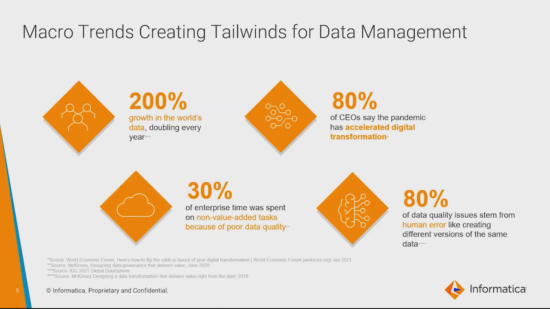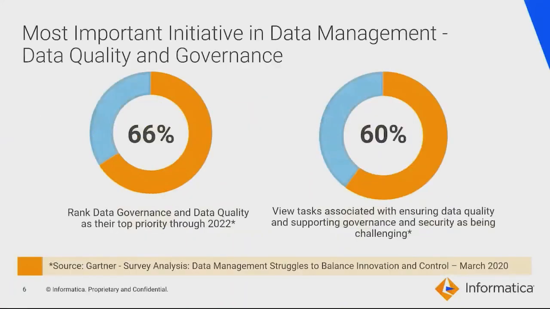High quality, trustworthy data is critical to digital transformations. According to a recent survey by Gartner, data quality and data governance is the most important initiative for data management strategies.